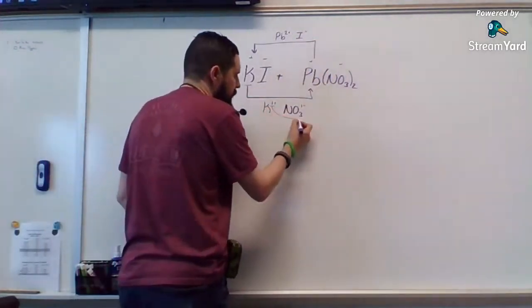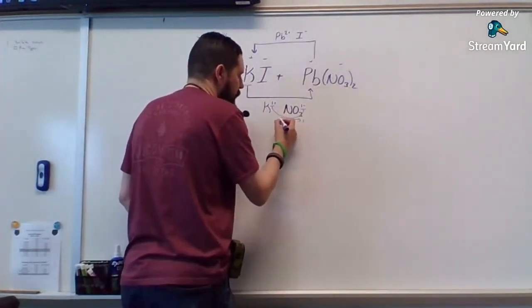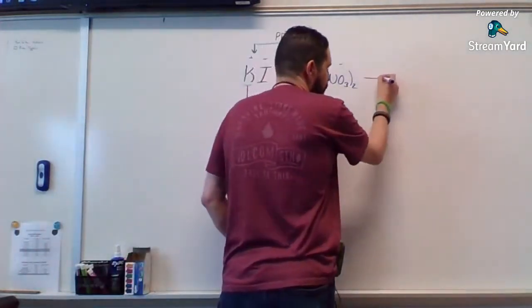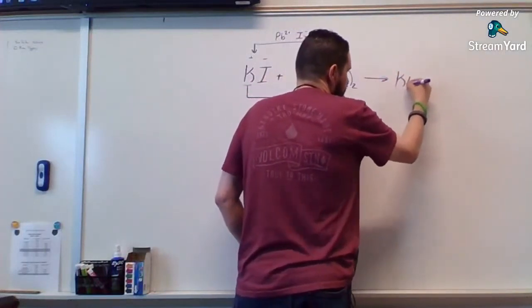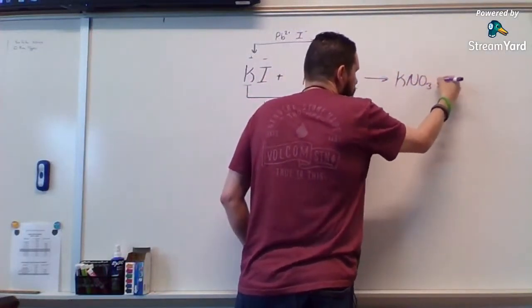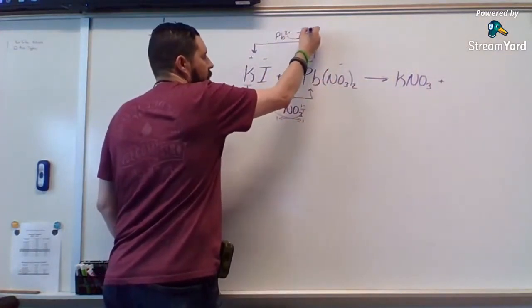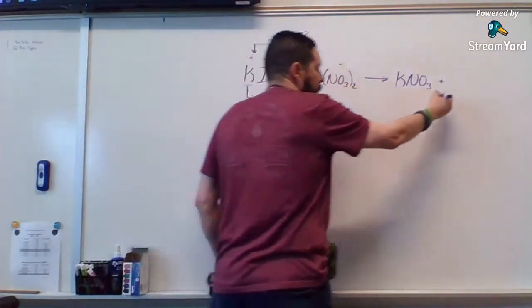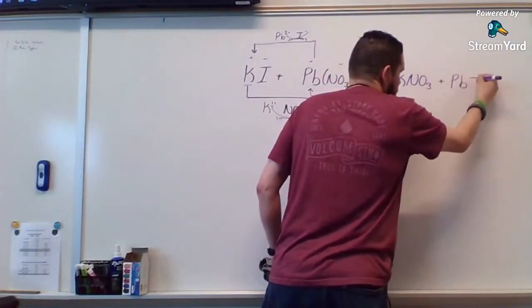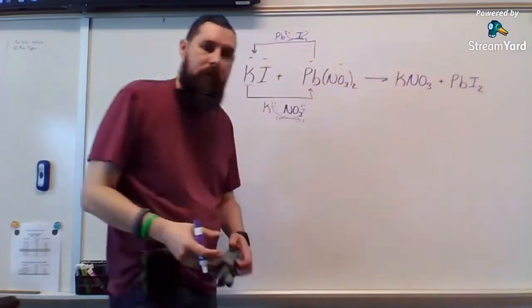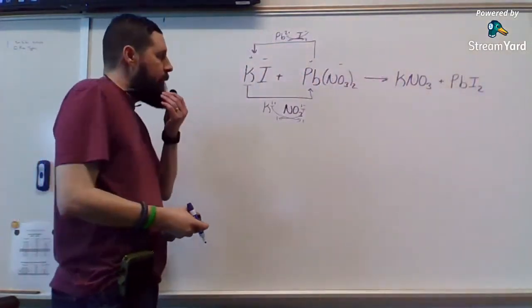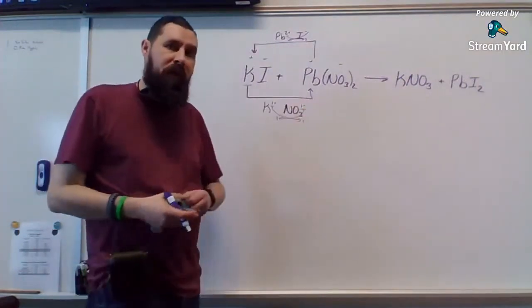So crossing down charges, 1 and 1. My first product would be potassium nitrate. And my second product, when I cross down those charges, would be PbI2, my lead 2 iodide. So this is double displacement.